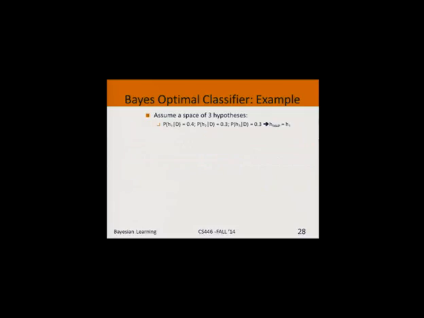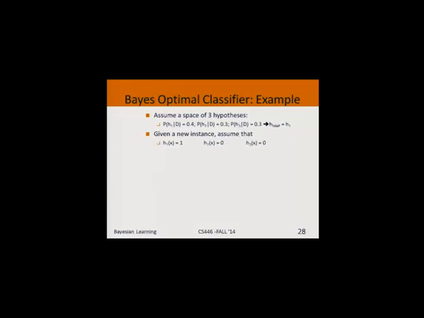Here is an example of what I mean. Let's assume that I have in my class 3 hypotheses, H1, H2, H3. And these are the posterior probabilities given the data. I already did some of the work here: 0.4, 0.3, 0.3. So the maximum a posteriori hypothesis here is H1.